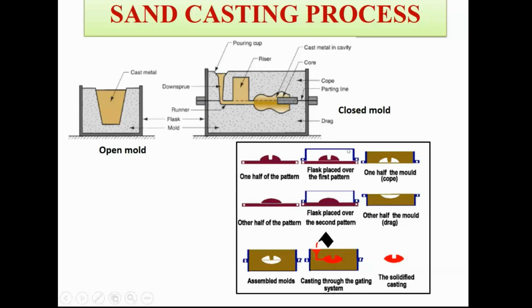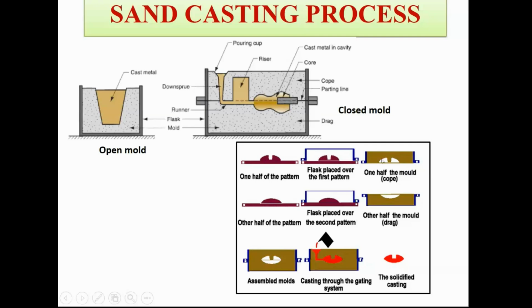Your prepared sand will have sand particles, clay content, water content, and some organic binders. And then you ram this sand with the help of your mallet or ramming objects, and fill it tightly, and after that you can remove your pattern from this particular section.